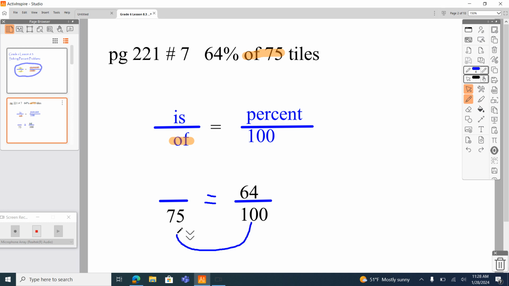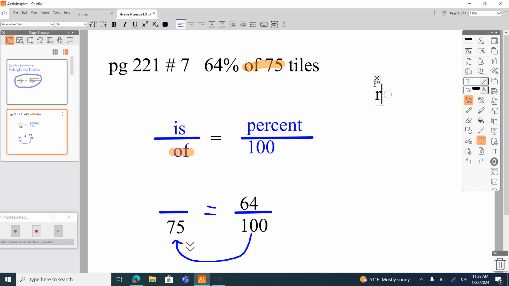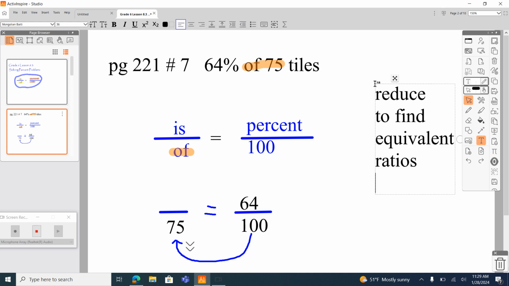And we could do long division. But typically what you're going to see on these is that if you reduce the fractions or the ratios, it will be easier to find a pattern. So let's just make a note here. We are going to reduce to be able to find equivalent ratios using multiplication and division.